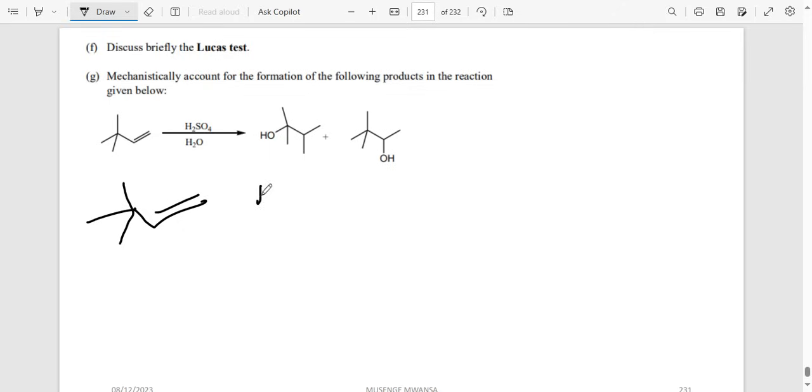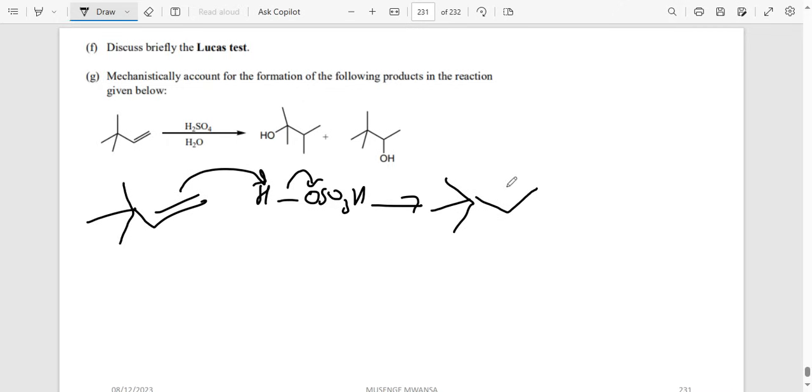First things first, you have got your acid. The double bond is going to grab the proton. This thing gets to break. The hydrogen will always be attached to the carbon that has a lot of hydrogens. It follows Markovnikov's rule. So this will be a positive charge.